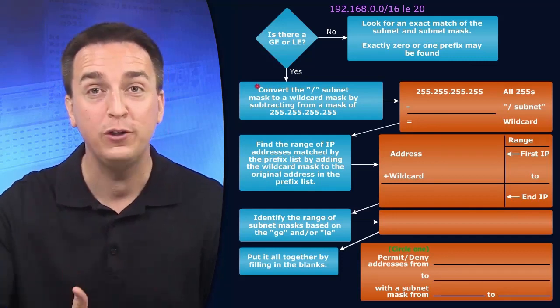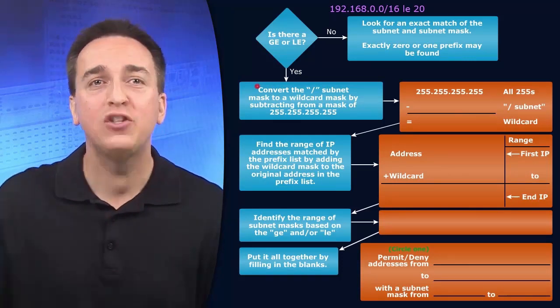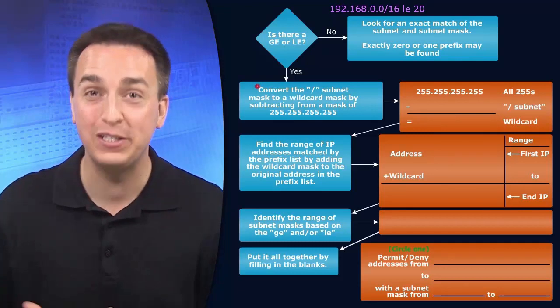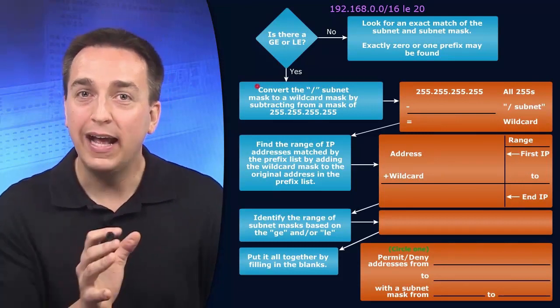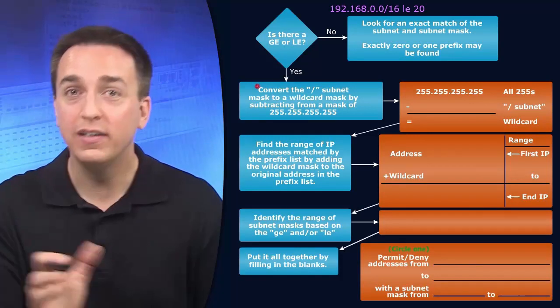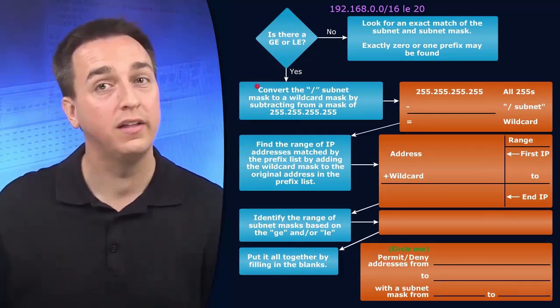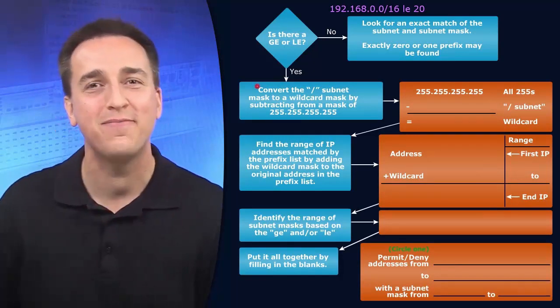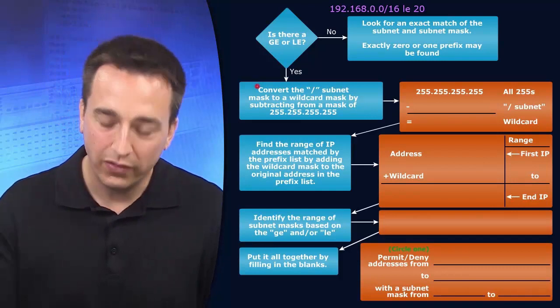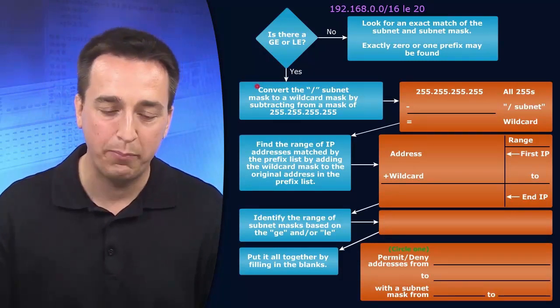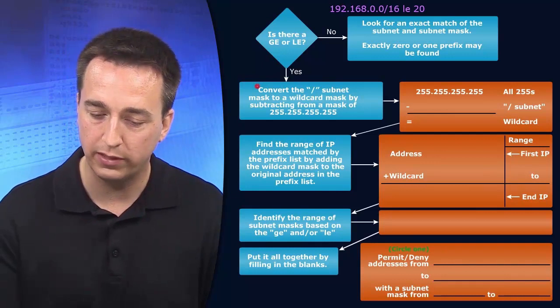So we have to figure out the range of addresses. That's what we're doing here. So the address and slash is now going to define a range, and then the less than or equal to defines the subnet mask. So let's do that. We'll see the example here, and it might become clearer to you when we get towards the end.